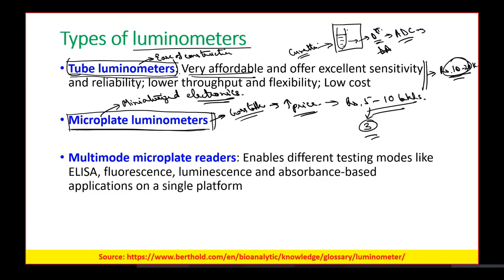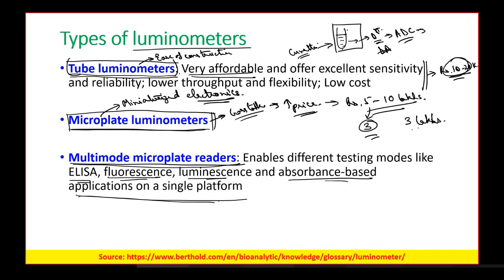Okay. Then there are multi-mode microplate readers. This enables different testing modes like ELISA, fluorescence, and luminescence applications on a single platform. As I was telling you, the cost of a microplate reader starts from approximately 3 lakhs. This kind of system, the price is approximately more than 10 lakhs.